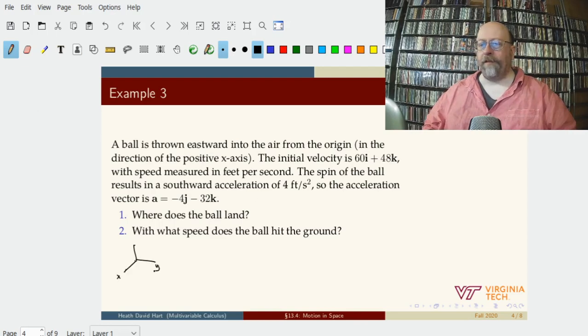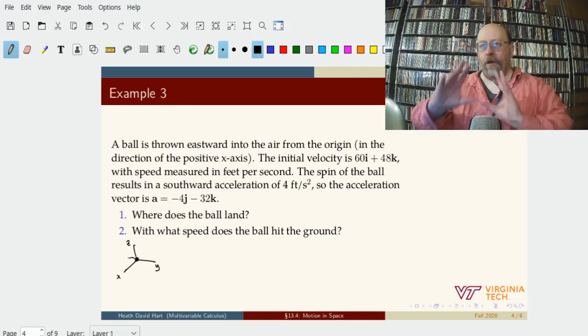So here's our x, here's our y, here's our z direction. A ball starts at the origin. It's being thrown in the direction of the positive x-axis. But the initial velocity is 60i plus 48k. i is in the x direction, k is in the z direction.